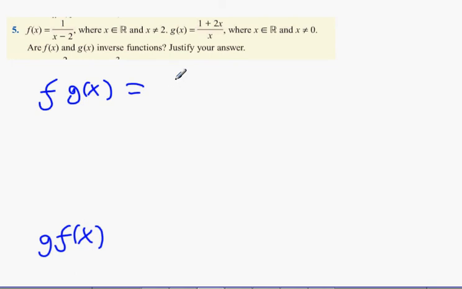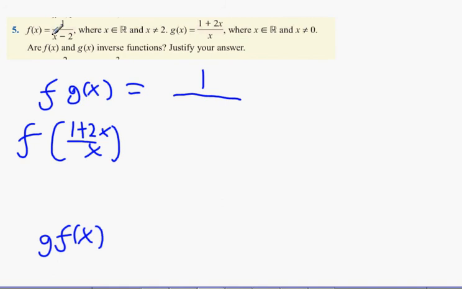Justifying our answer basically means we do this. So, f of g of x is going to be 1 over what? It's going to be f of 1 plus 2x over x. Anywhere I see x, I replace it with what's here: 1 plus 2x all over x, minus 2.